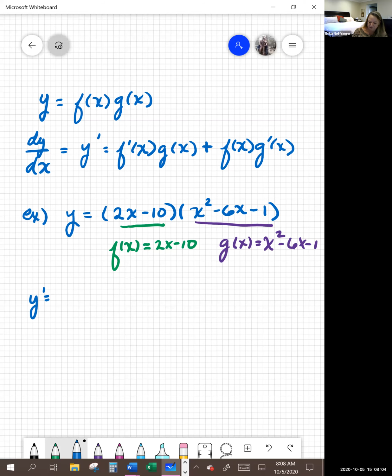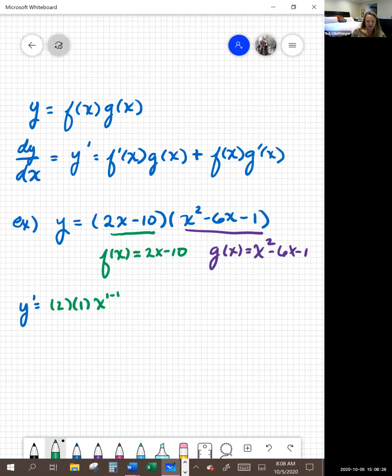So the derivative of the first, so remember the general power rule, if we bring down the power, it's not shown, it's a 1, multiply it to the coefficient in front. So we have this 2 times 1, x, and then that 1 minus 1. Minus the derivative of a constant.